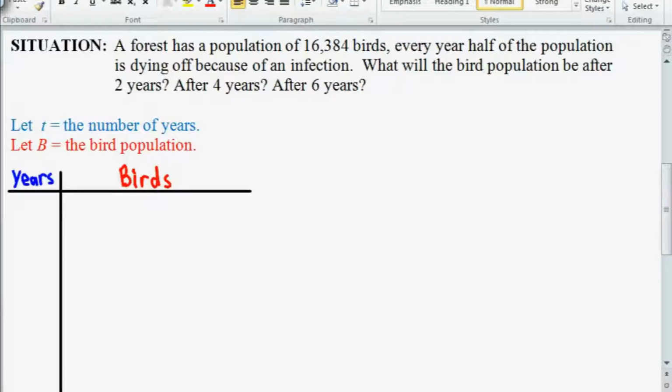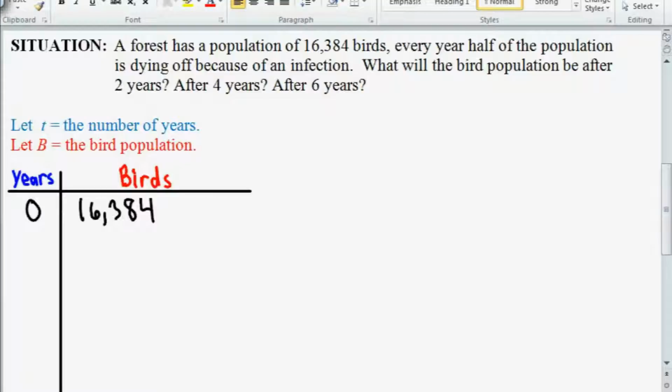So let us set up our table, having already defined our variables. In this case, t will be the number of years, and capital B will represent the bird population. At 0 years, it is understood that the bird population will be 16,384.